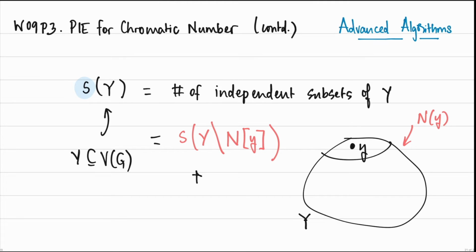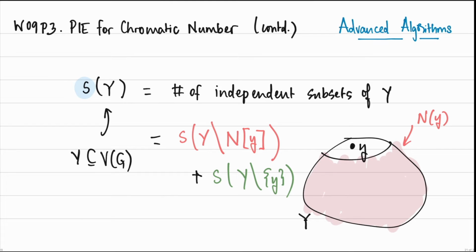And what else do we have? Well, we also have to worry about independent sets that don't contain the vertex y, and the number of such independent sets is simply S of y minus the vertex y, right? So we know that all independent subsets here also are independent subsets of capital Y. So we count those as well, and now we have the overall count that we need, right?